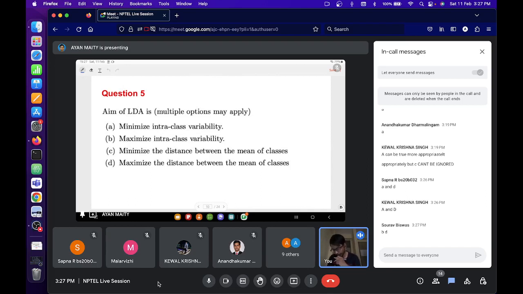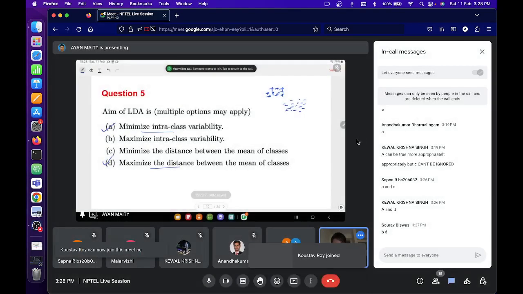So in LDA, A and D are the correct answers here. In LDA, what we try to do is maximize the distance between the means of the classes. Consider this is one class, a set of points that are positive, and this is a set of points which are all negative.